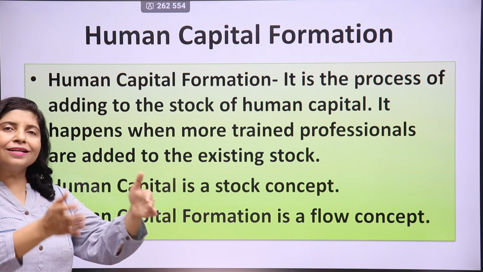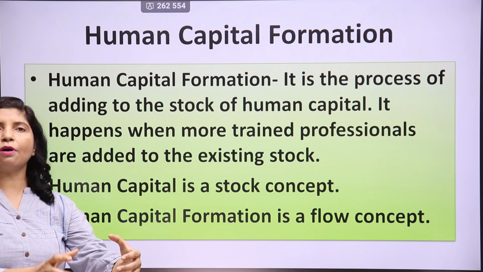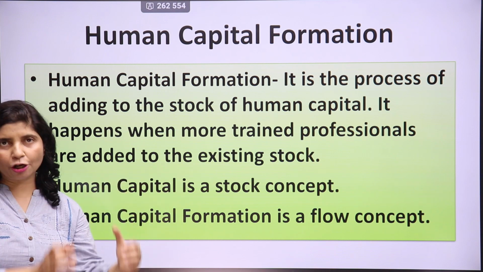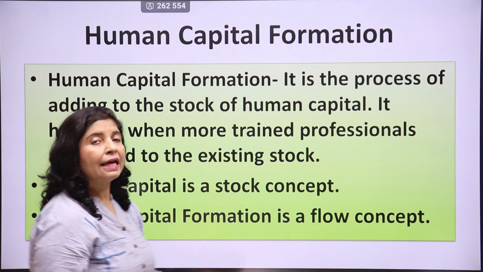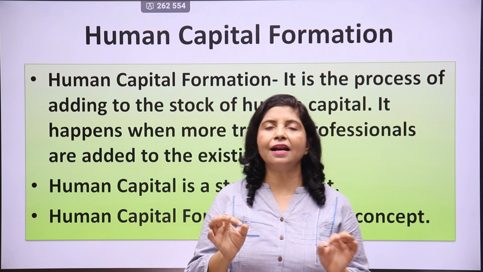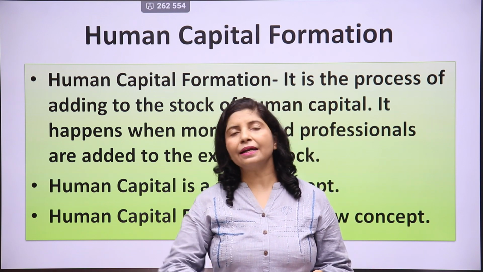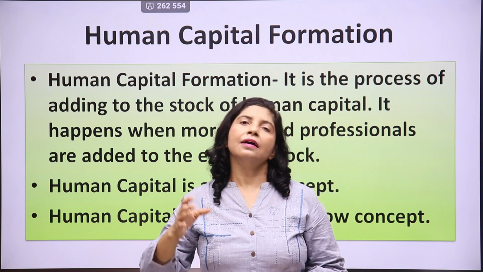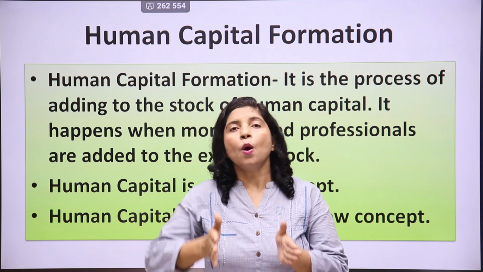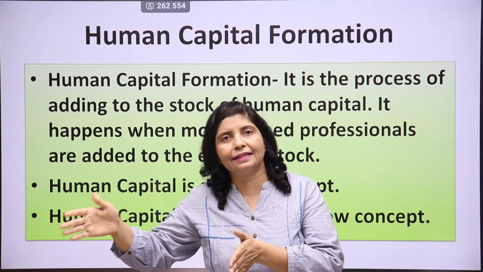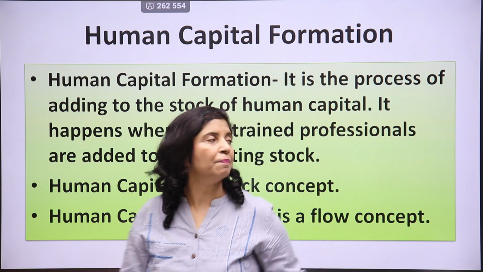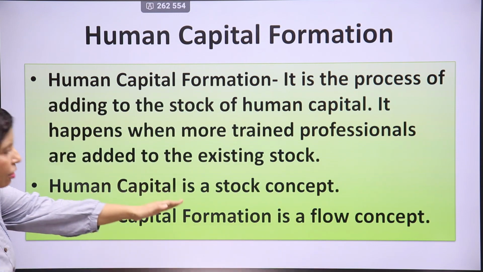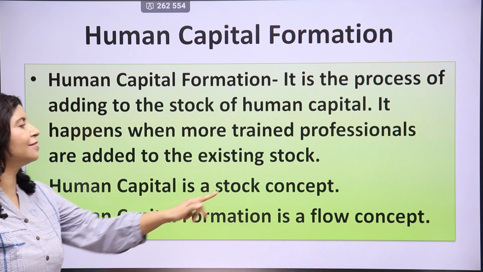Stock means what is the exact number of human capital at a particular point of time. Take for example, in 2023, if we have 10 lakh professionals in India, but in the next year, we will have 11 lakh professionals. That means 1 lakh professionals have been added. That is human capital formation. Simple. Then, human capital is a stock concept and human capital formation is a flow concept.